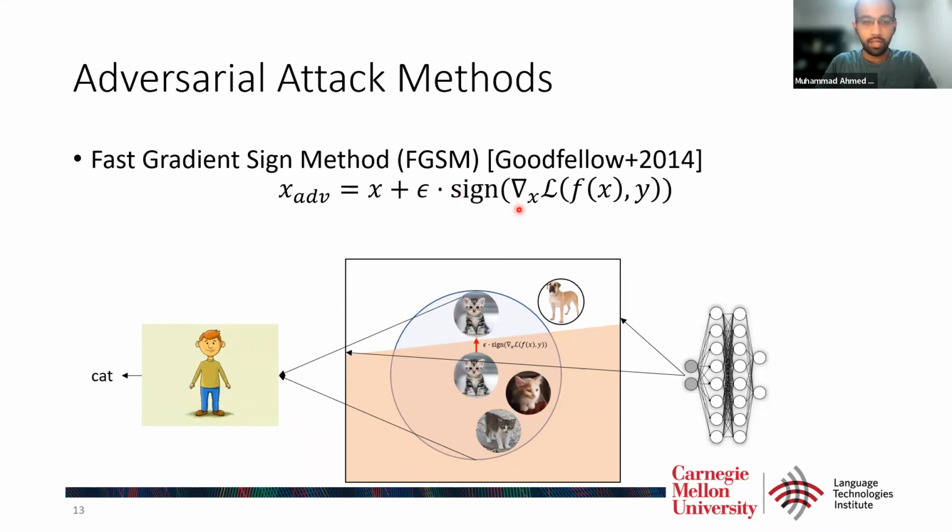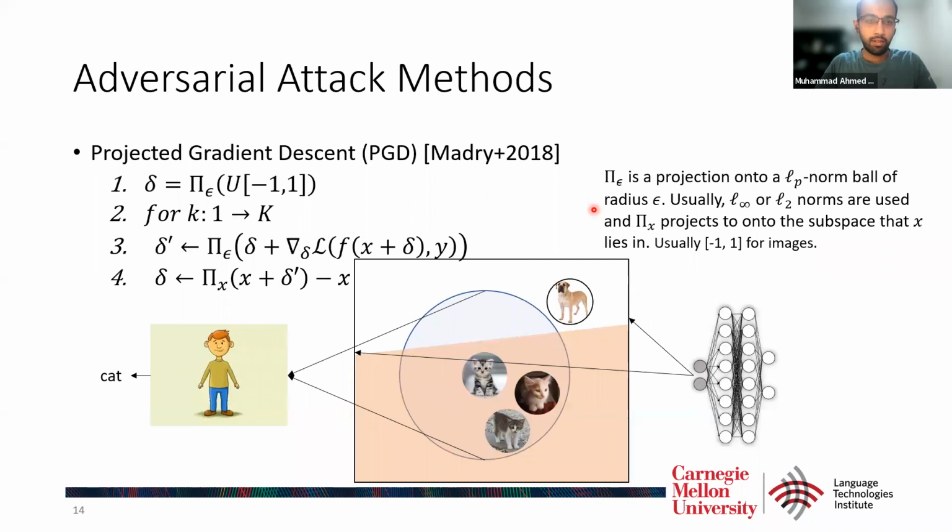So what this step essentially is doing is maximizing the classification loss with respect to the correct class y, which means it's basically trying to change it to an incorrect class. A slightly more sophisticated method is called projected gradient descent, in which the same principle is applied, but in an iterative manner.